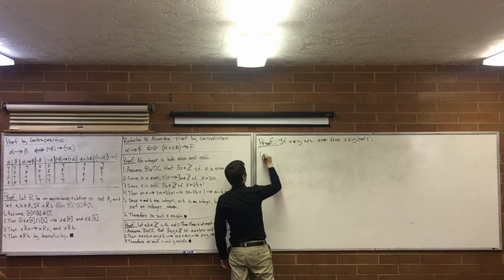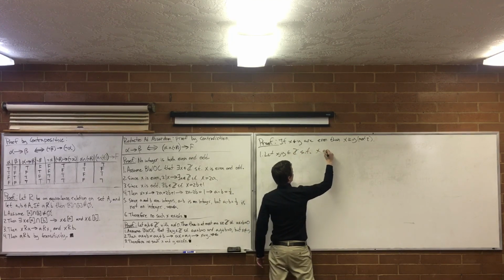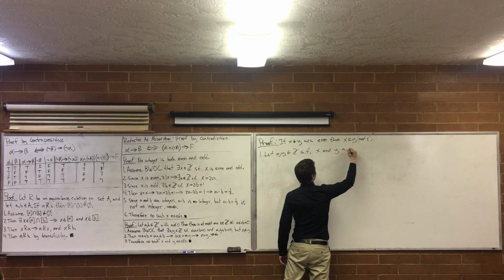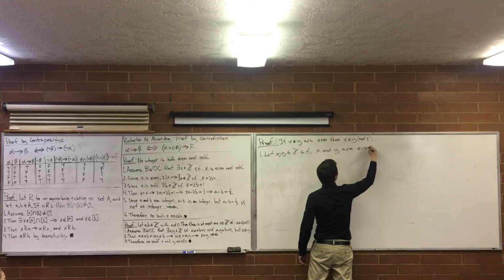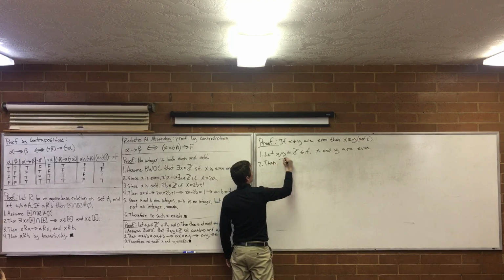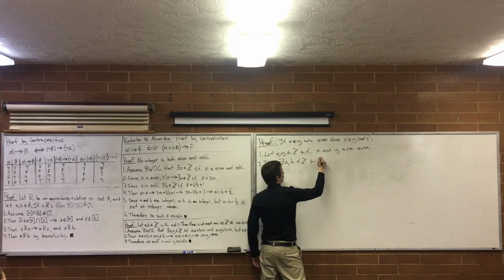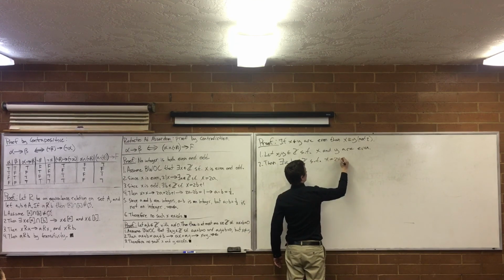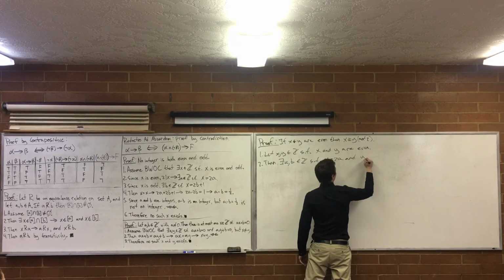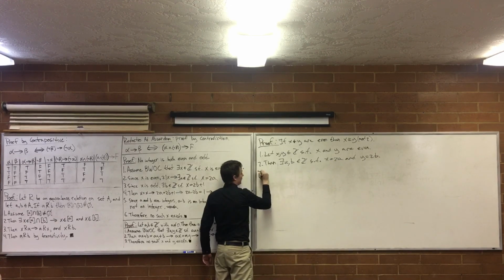So I'll start off. 1, let x, y, and z such that x and y are even. 2, then there exist a and b such that x is equal to 2a and y is equal to 2b. We're going to skip the divides by 2. You know how to do that.